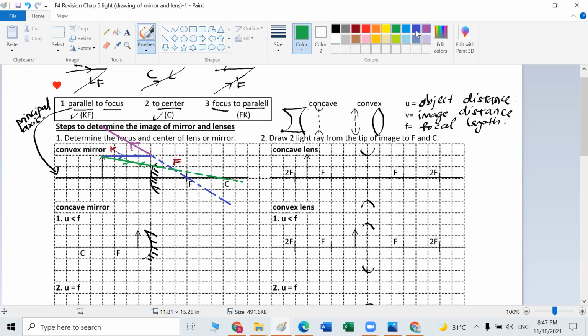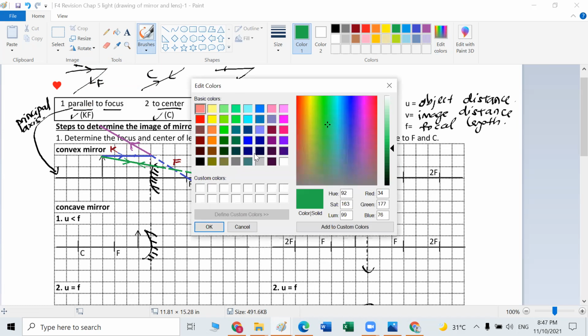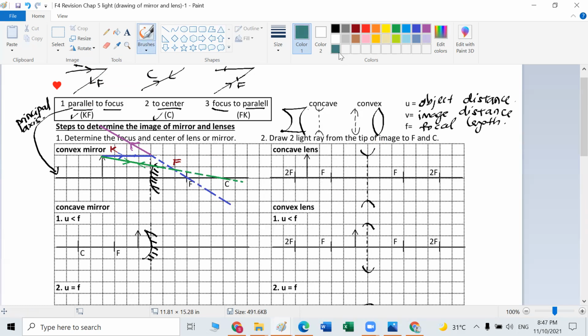Okay, then next let's draw our image. Okay, so the image is where the image comes from, the intersect of the two light rays. Because you can see the blue light is KF, green light is C. So the two lights come from the tip of the object.